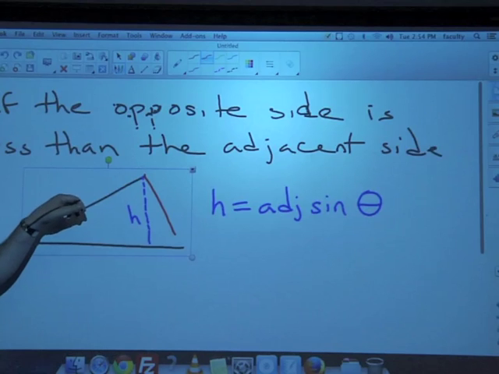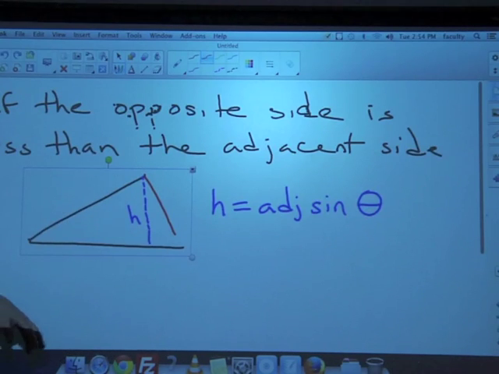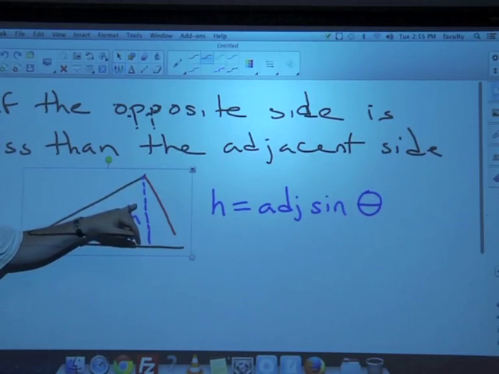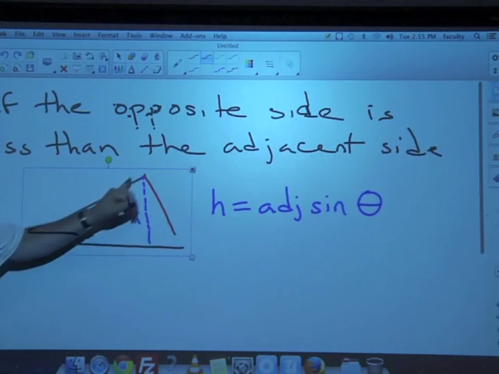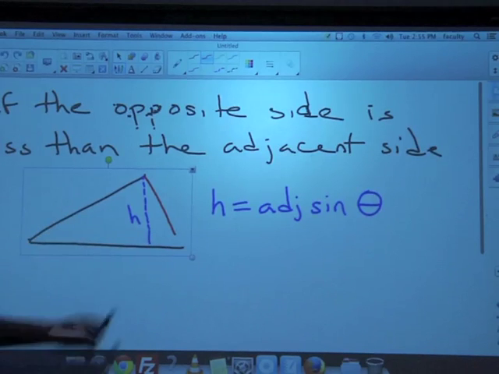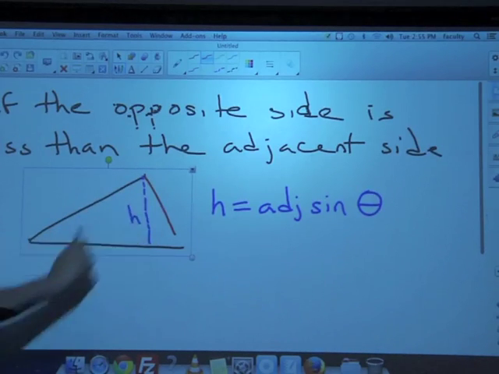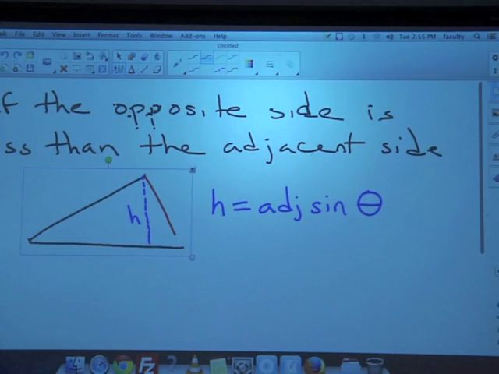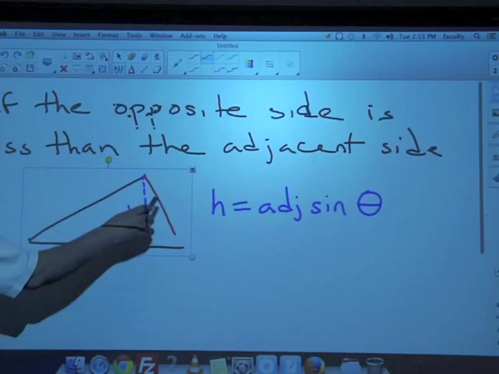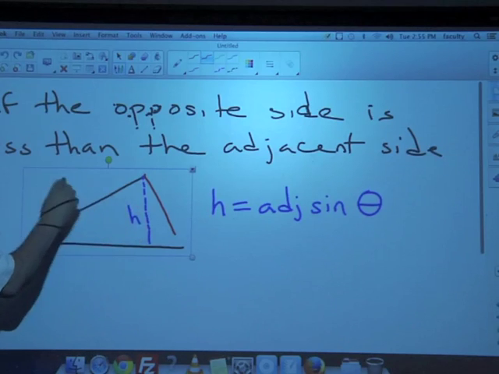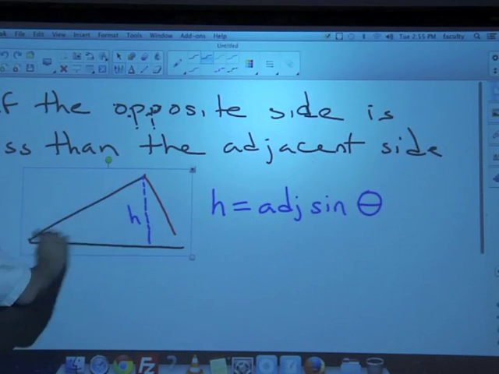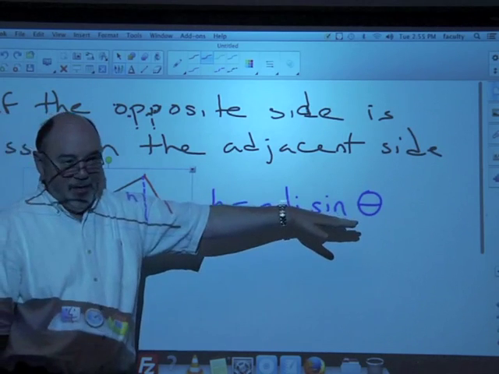The height, if I look at just this blue dashed line and this figure, that's a right triangle. In regards to this right triangle, H is here. This is the hypotenuse. My hypotenuse is the adjacent side in terms of given information, which is why we end up with this formula, adjacent side times sine theta.